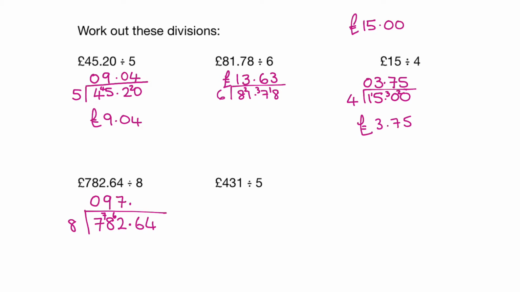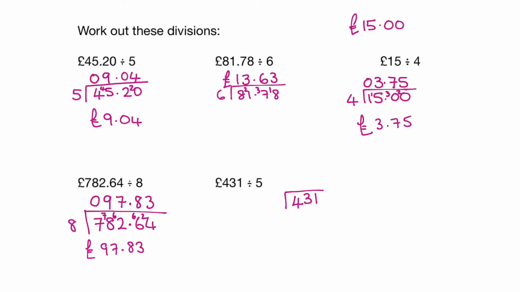And 7 8s are 56. So that gives us 6 to carry over. 8 into 66 goes 8 times. Remainder 2, because 8 8s are 64. And then 8 into 24 goes 3 times. So the answer to this one is £97.83.